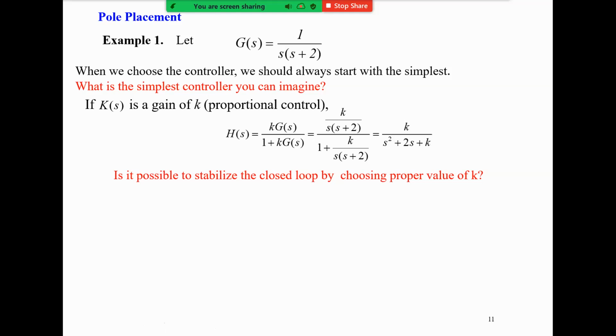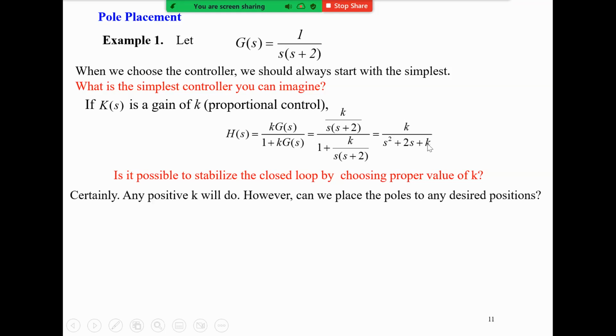Yes or no? Of course, right? If you are familiar with the second order system, you know any positive gain can do it. Any positive K will make sure that the poles of the system are stable.